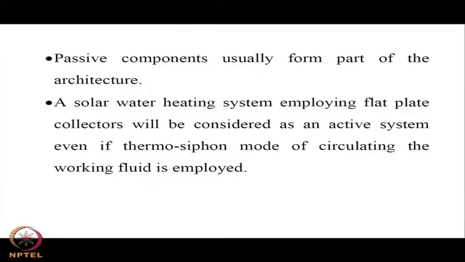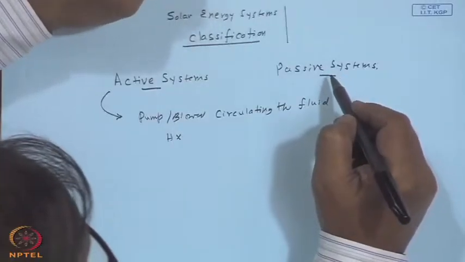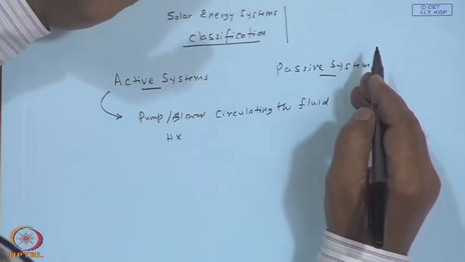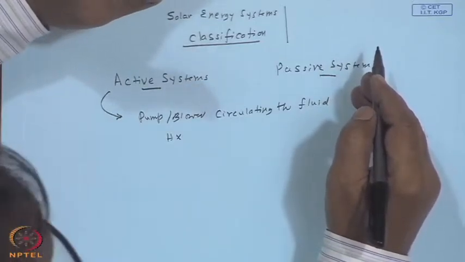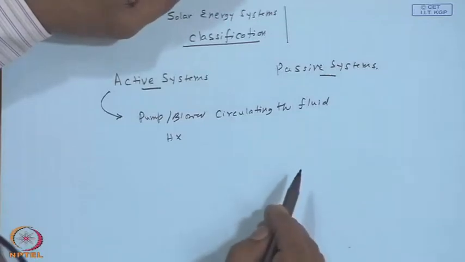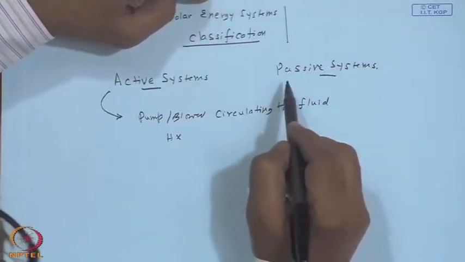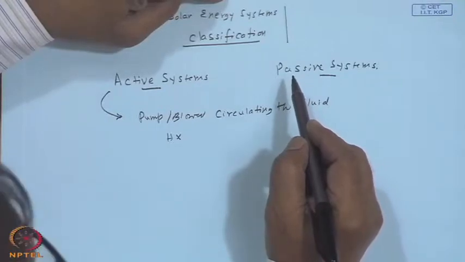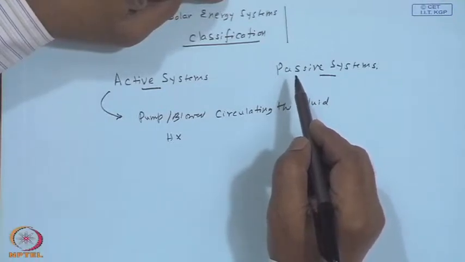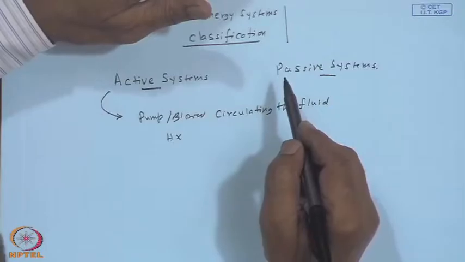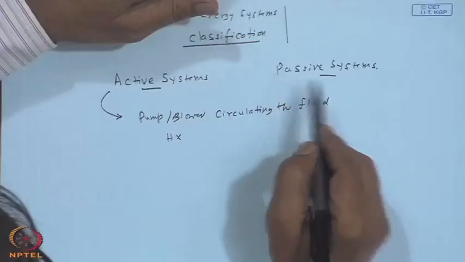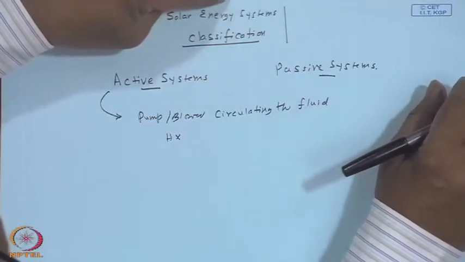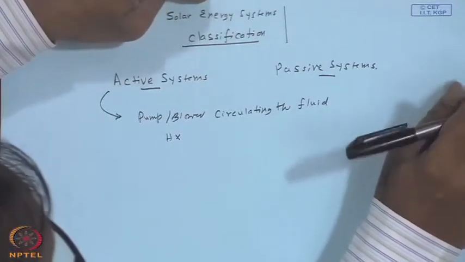Then another way people try to clarify, saying that a passive system is a part of the architecture. It may or may not be a part of the architecture, in the sense that in the building, if you house flat plate collectors along with the roof or along with the tilted roof and then circulate the water, still it will be considered an active system compared to whatever is independently installed over a rooftop or even on the ground floor.